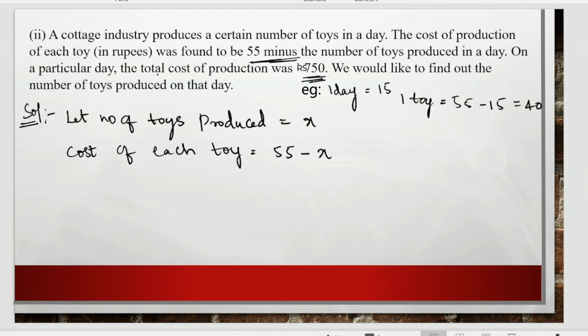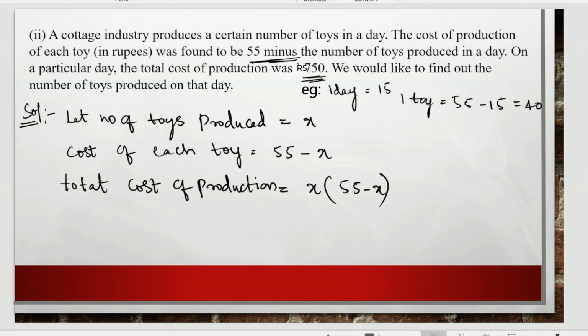Now see here, the total cost of production was 750. So what is the total cost of production? That is the number of toys produced times the cost of each toy.